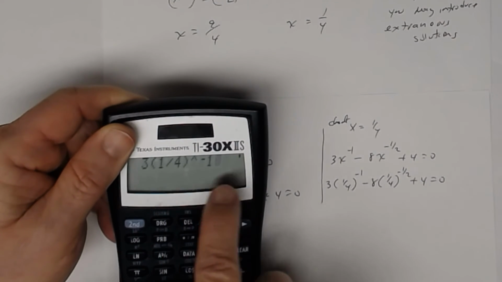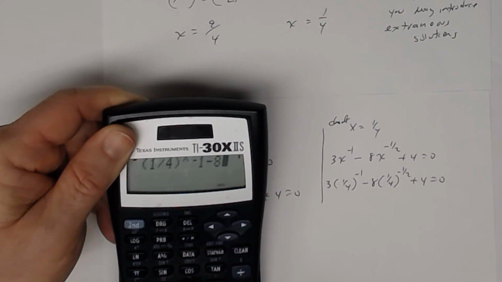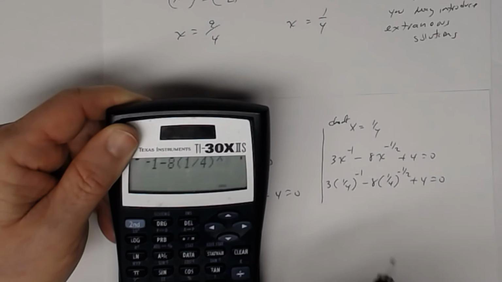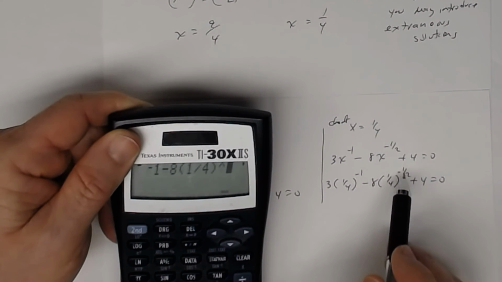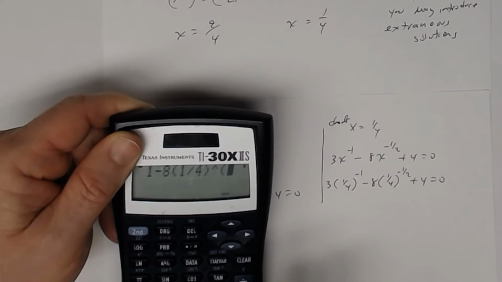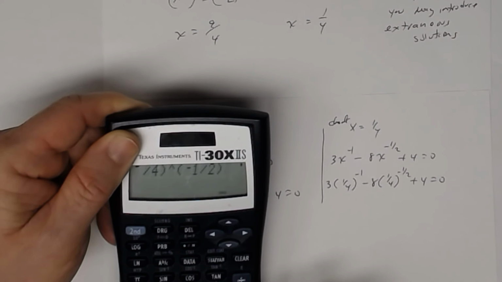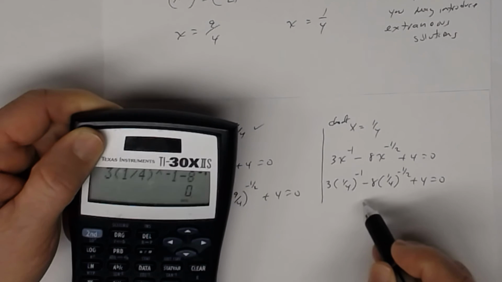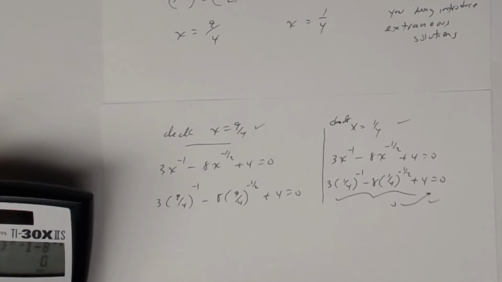Notice I did not need parentheses here because that exponent was an integer. Minus 8 times, parentheses, 1 divided by 4, close the parentheses, raised to the... I do need to put the exponent in parentheses because that's a fraction. Raised to the negative 1 divided by 2, close the parentheses, then add 4, and we get 0. So all of this is 0, and that one works as well.